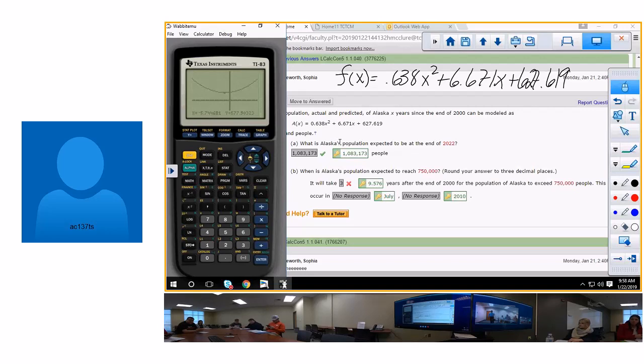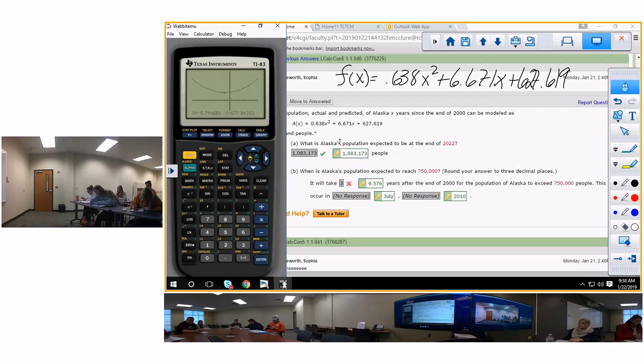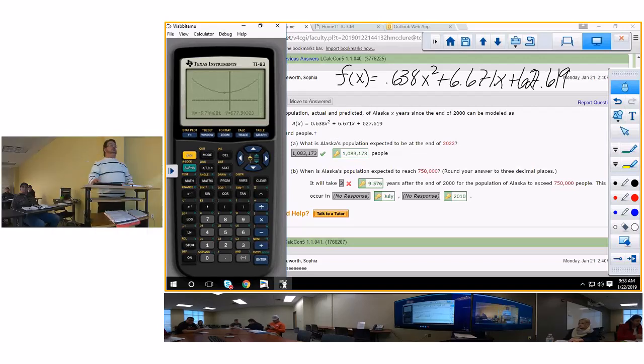So how do you find that lowest point with your calculator? You hit second trace, which is calculate, and you find the minimum. Bowl is minimum. You say, okay, the left-hand side is right about here, and the right-hand side is right about here.